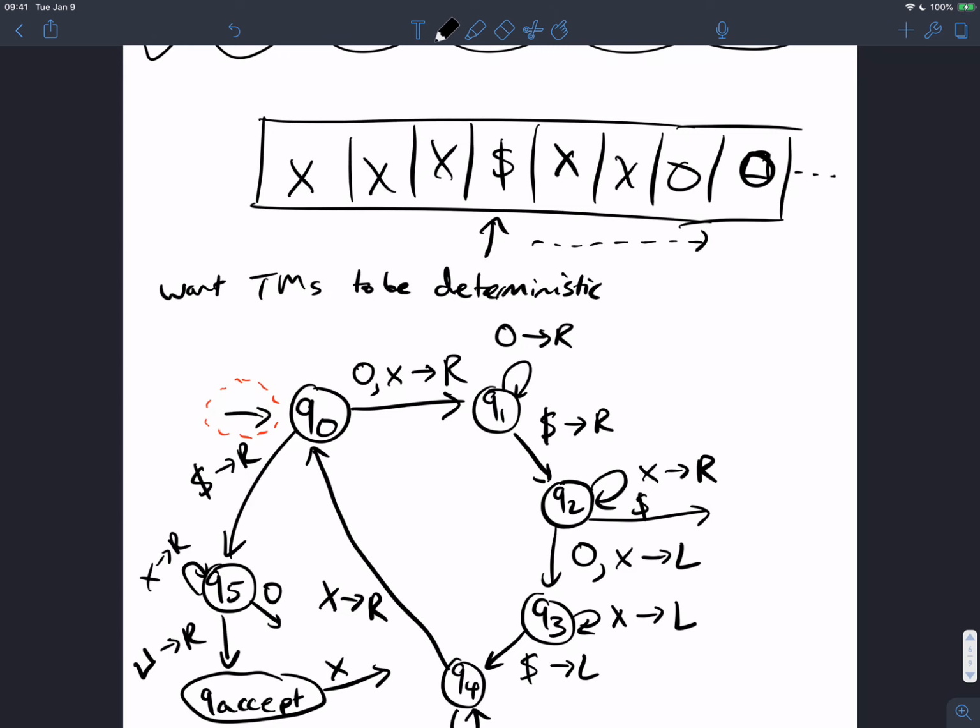So we need to be able to specify what a computation of a Turing machine is. So for example, if you have a friend who is not very sure that you're actually running your Turing machine, because you obviously all have Turing machines, right? How do you convince your friend that you actually ran that program?